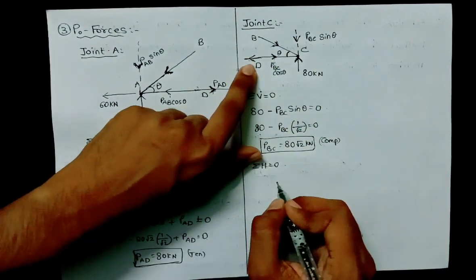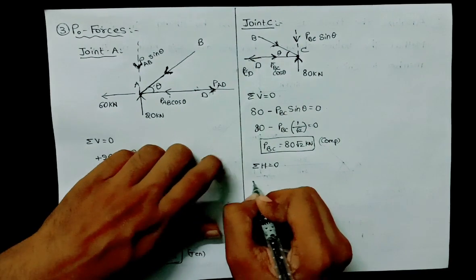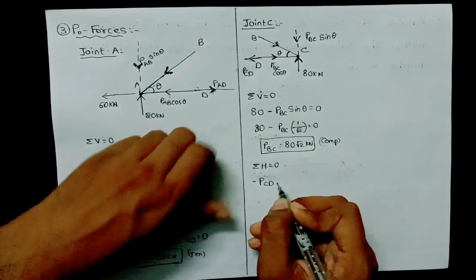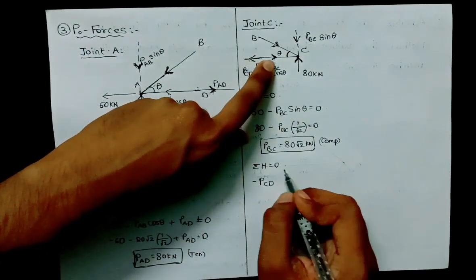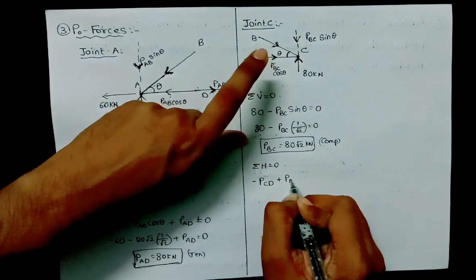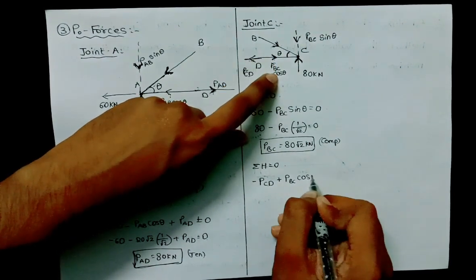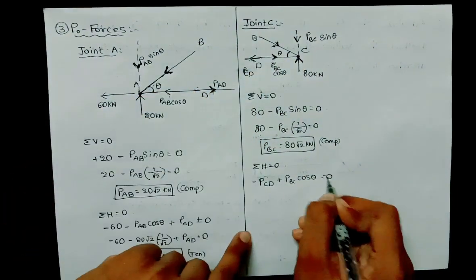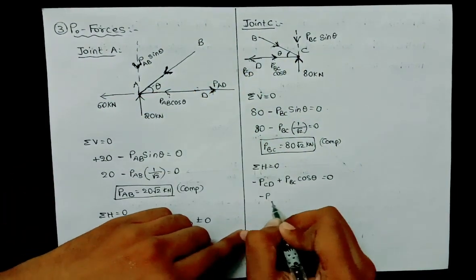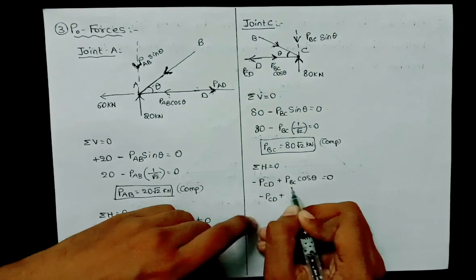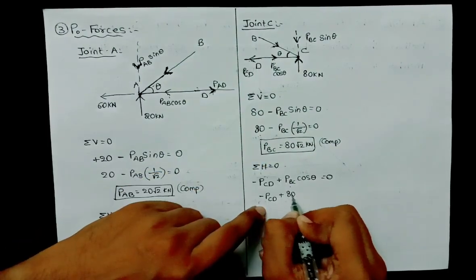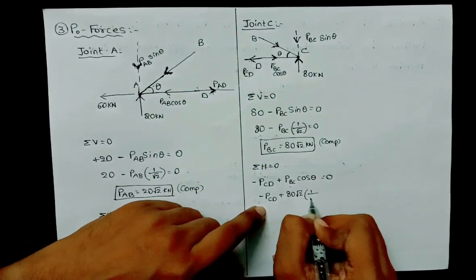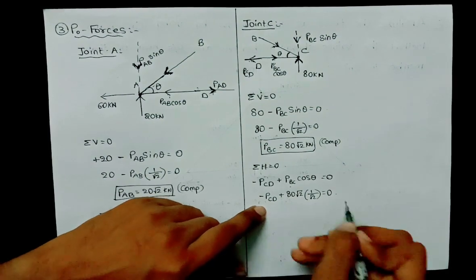This is moving in left side direction, so minus PCD. This one is moving in right side direction, plus PBC cos theta, equal to 0, as there are no other forces here. Minus PCD plus PBC, which we have just calculated as 80 root 2, into cos theta, which is 1 by root 2, equal to 0.